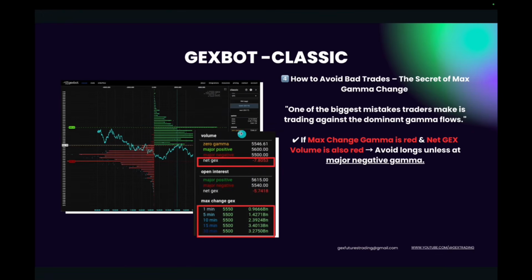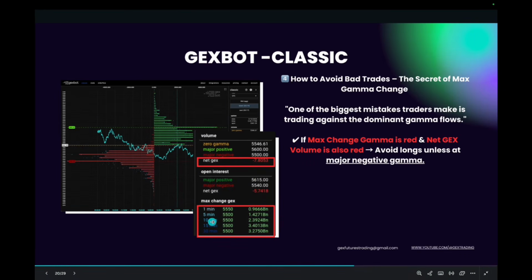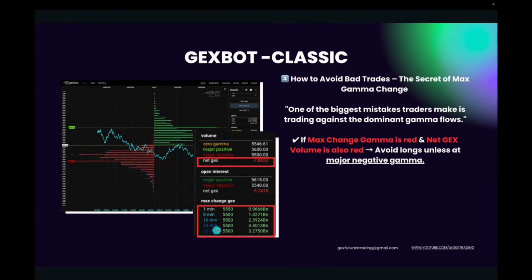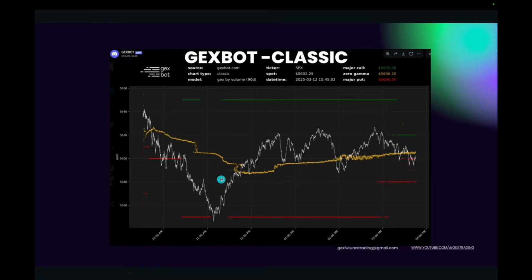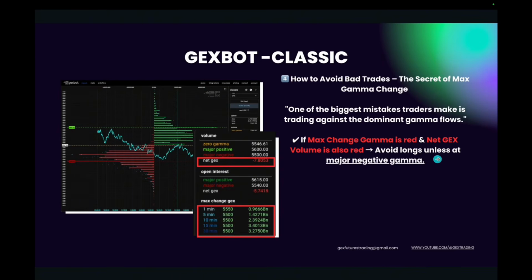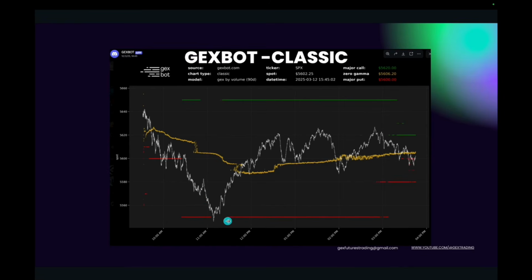We have this panel on the right-hand side, and if max change gamma is red, so if you see all of these going red, 1 minute, 5, 10, 15, 30 minutes, and the net gamma exposure is also negative, and we are below the zero gamma, you avoid longs, unless you hit the major negative gamma.